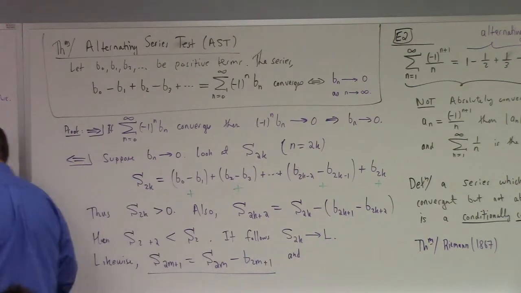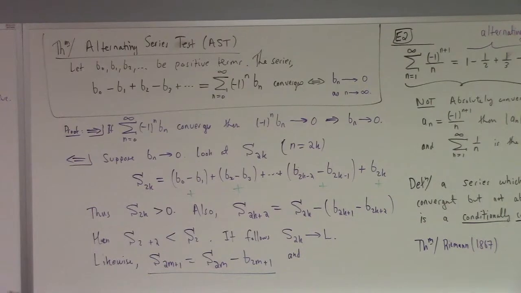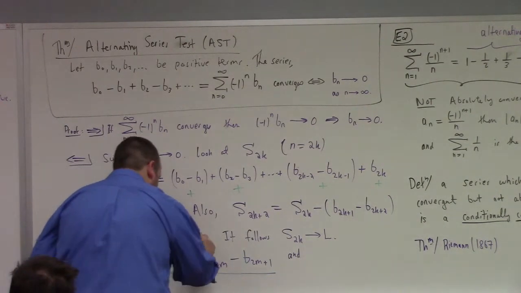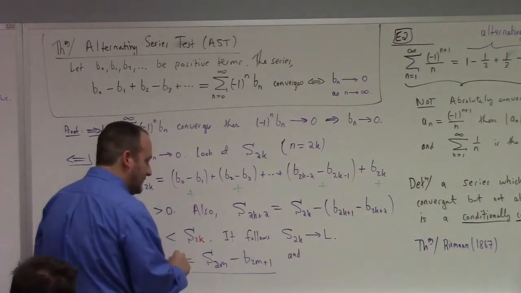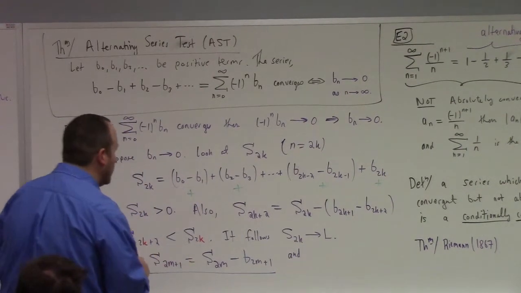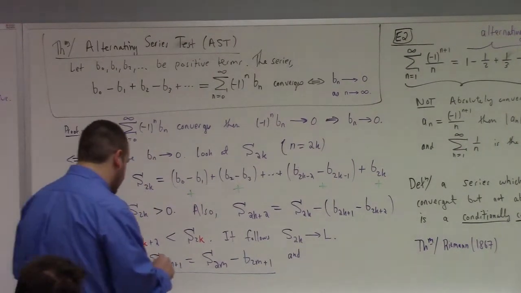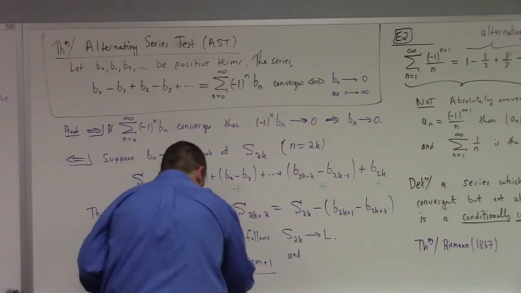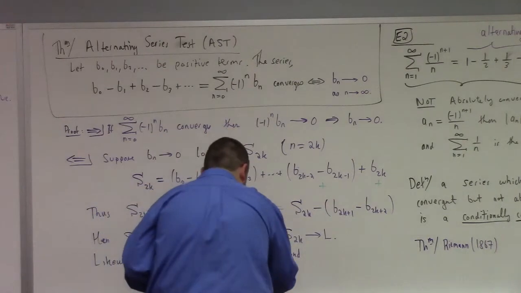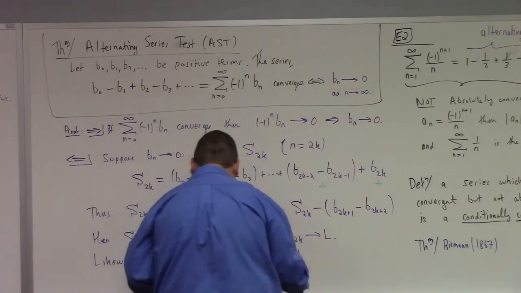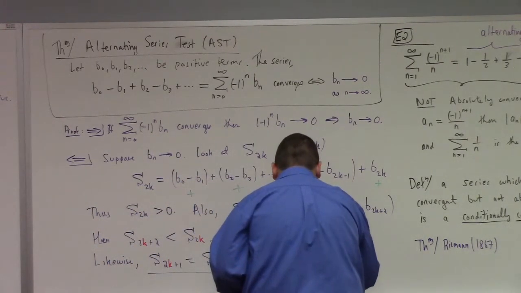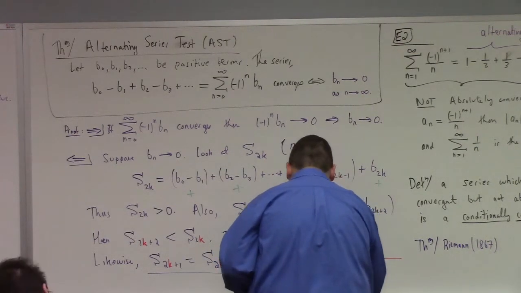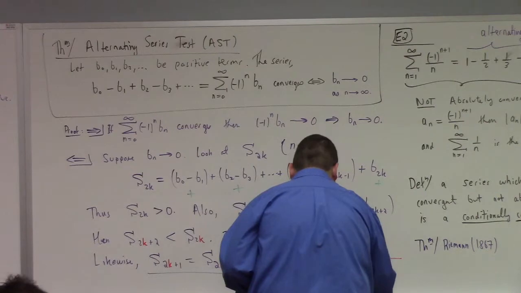I was trying to stick with k here, and I have inadvertently switched it to an n in one place. So I want k's: S sub 2k plus 1, S sub 2k, b sub 2k plus 1. So you guys tell me, what happens to S sub 2k plus 1 as k goes to infinity?